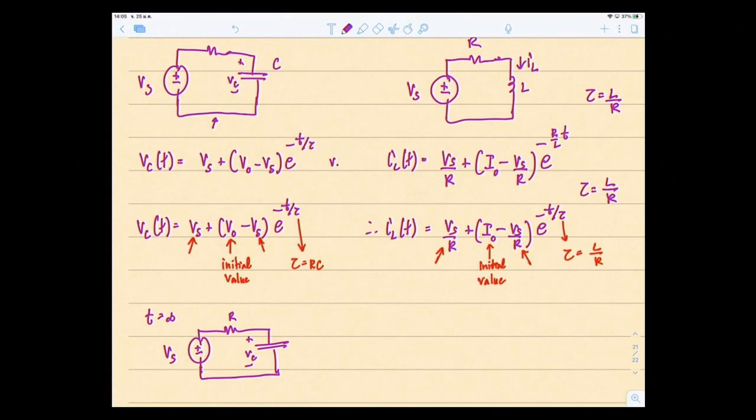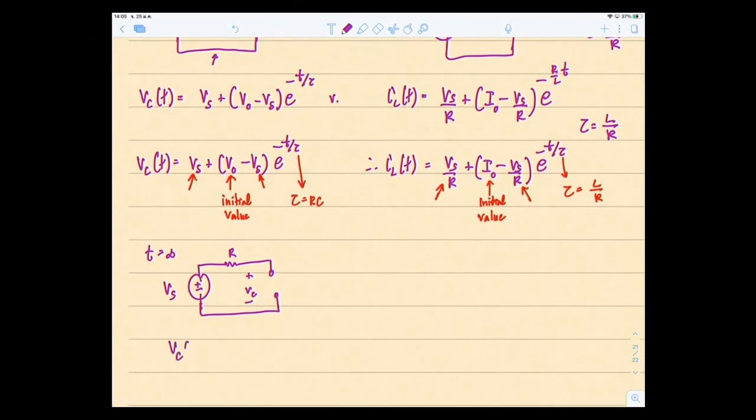Our capacitor will behave like an open circuit. So if you analyze the circuit at t equal to infinity in this picture, it would be like this. Therefore your Vc at infinity is equal to Vs.